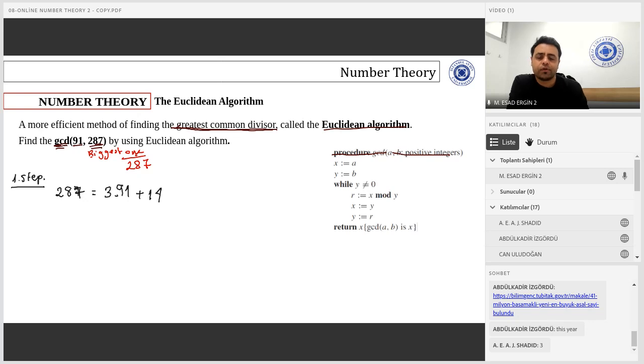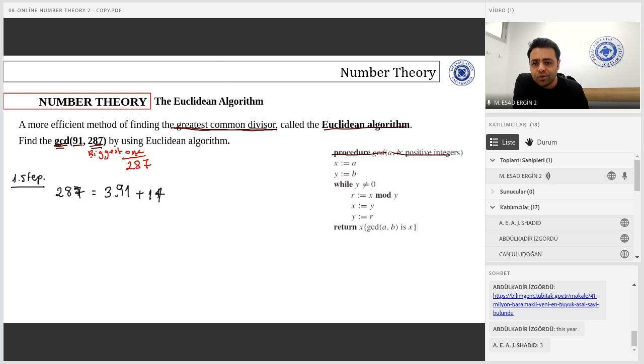Yes, so it will be 14. So it means that if I multiply 91 by 3 and add 14, I am going to get 287. This is the first step, and we are going to use the algorithm that way in order to get the results.